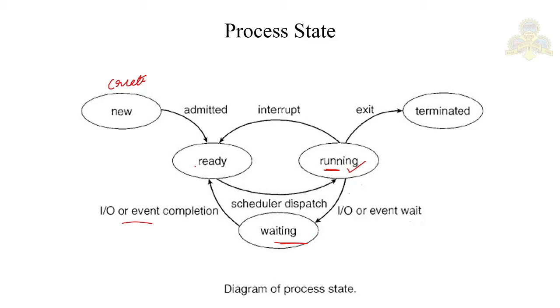Now what will happen in the meantime is, whenever a process is in a waiting state, your processor can go to another process which is in the ready state and start executing it. I'll repeat once again. Whenever a process is in a waiting state, your processor can pick up any other process which is in the ready state and start executing it.